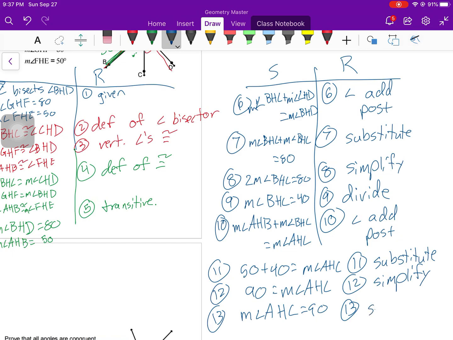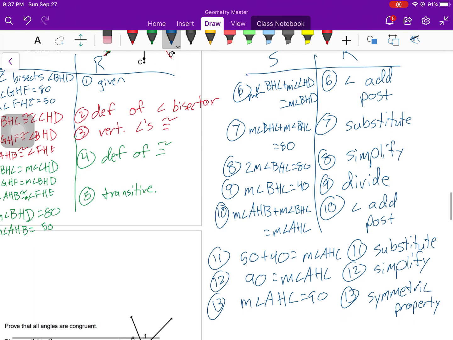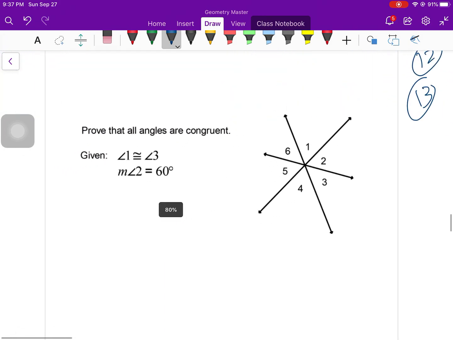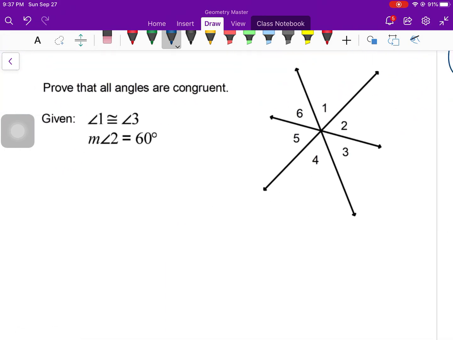Symmetric property is what we were using here. We're just switching the order. If you stop at 12, I'm perfectly okay with that. Now, this next one is going to go, I think, a lot faster than that last one.